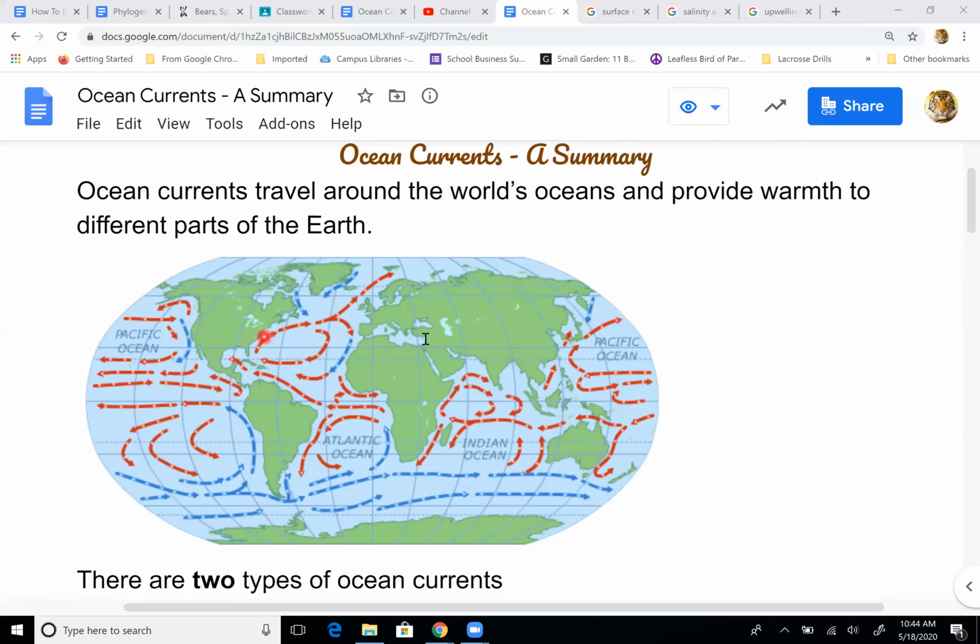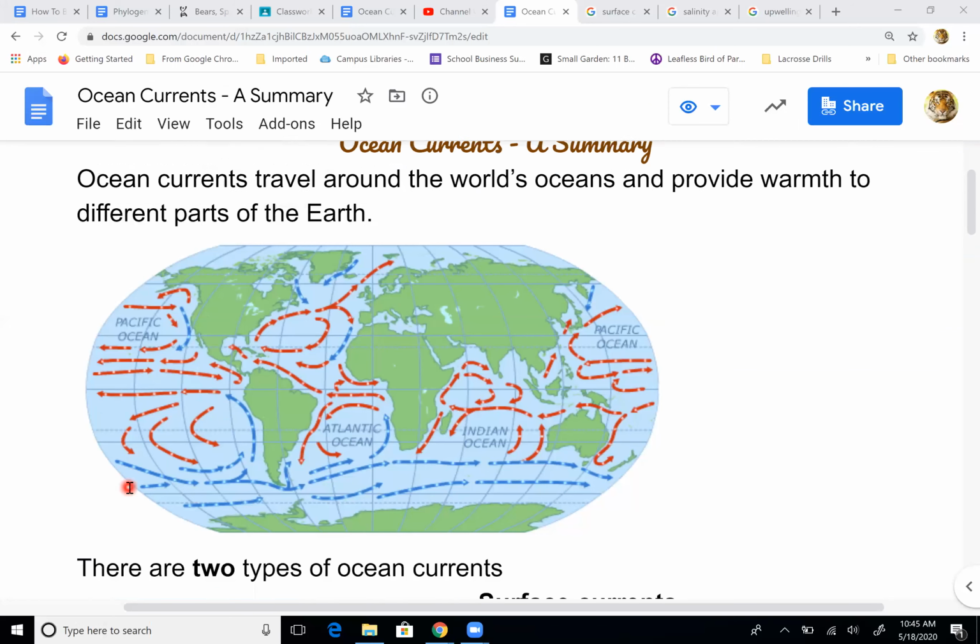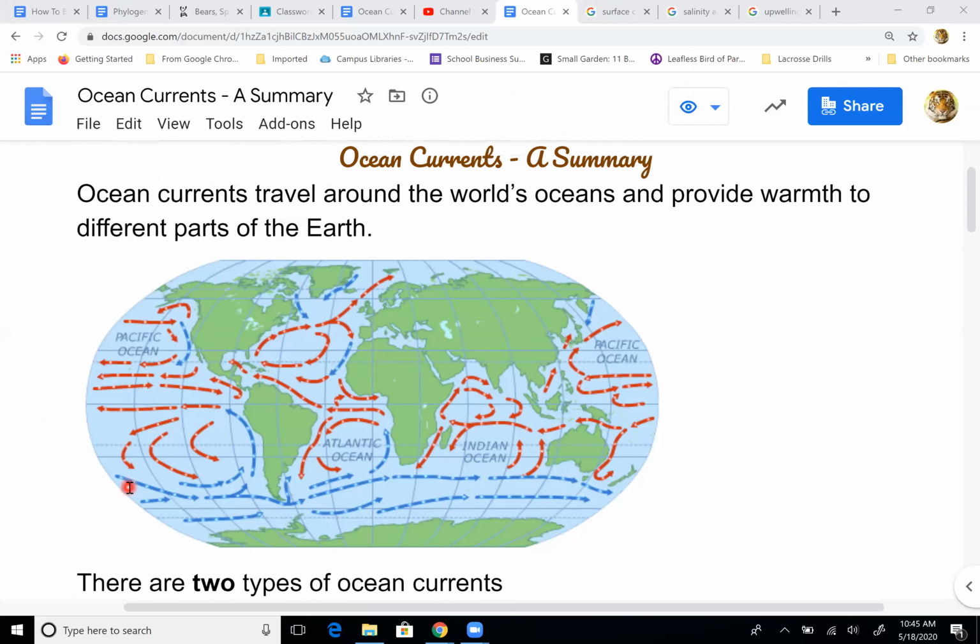In the video, it tells you how it takes one drop of water about 1,000 years to go across the globe, across the earth. That's kind of amazing. And that rate of travel is actually being changed by global warming, by human impact. But we can talk about that another time.